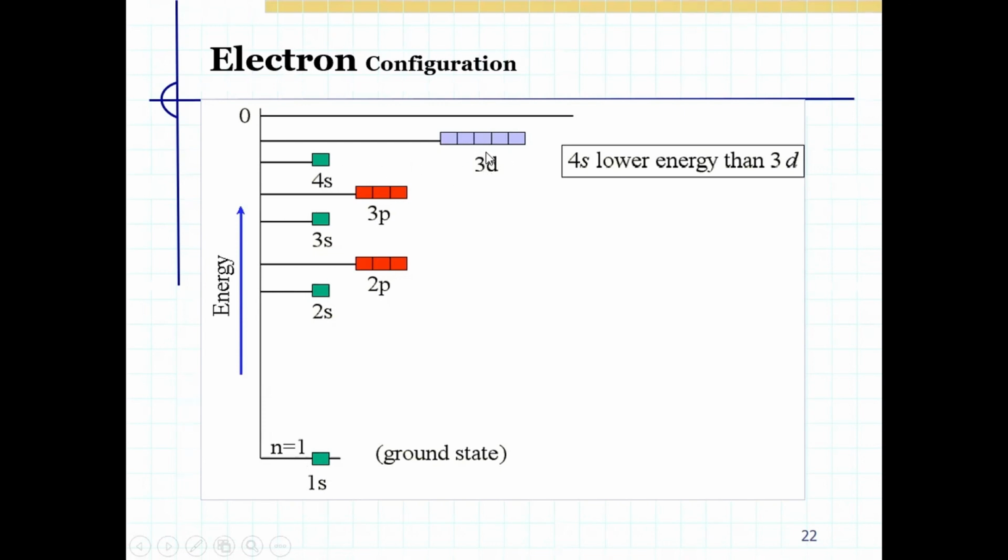So therefore, 3d is not in the vicinity of 3p. The 4s comes first. And that's what the electron configuration is all about. It tells us how the electrons are going to be filled in a multi-electron atom, and how the energy distribution will look, and how the transitions will take place.